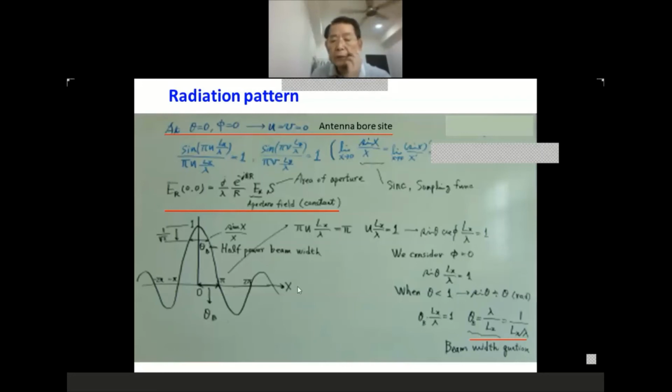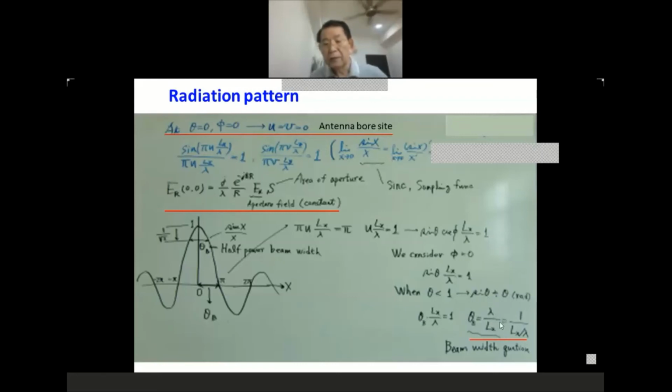In the x direction, it is determined. Theta b in radians is this wavelength compared to the antenna size in x. This is a very simple equation, however, very important.